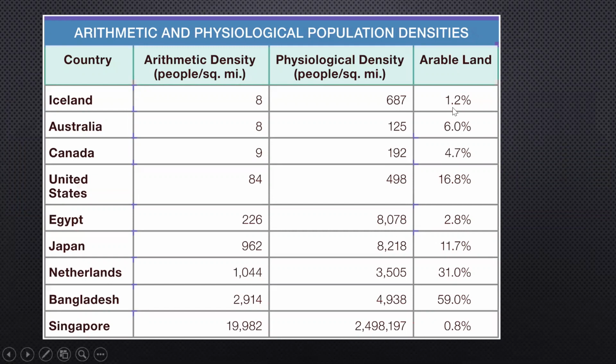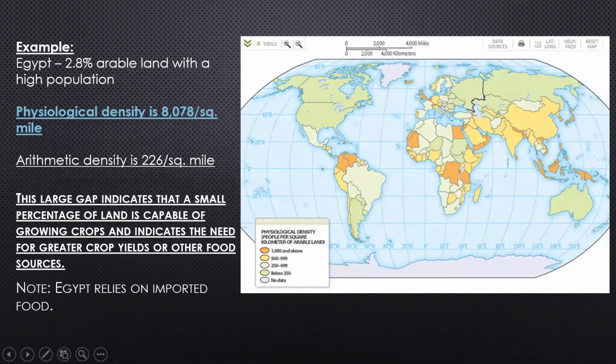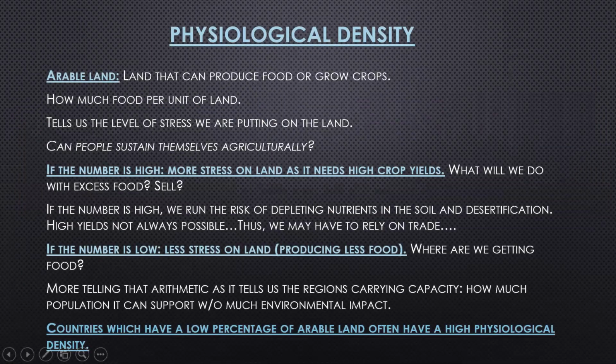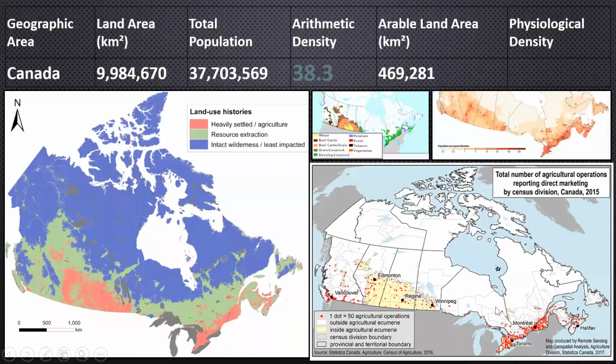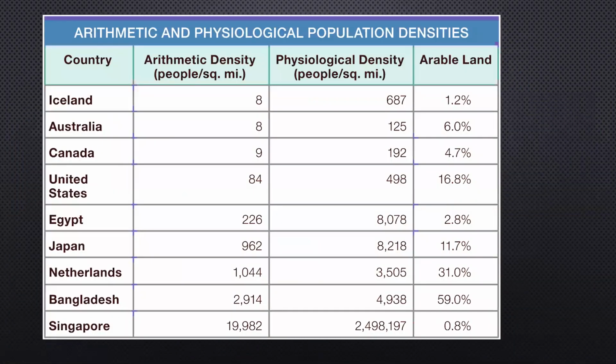And of course, like I said, you don't need to calculate arable land necessarily. Geographers have done that for you. And like I said, countries with a low percentage of arable land often have high physiological densities. And we can see it right here with Singapore, 0.8% arable land, 2 million, the physiological density.